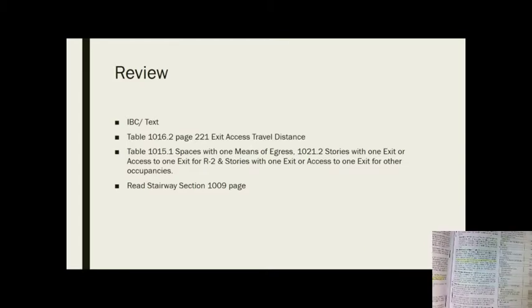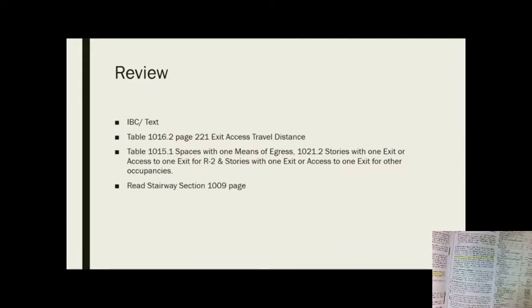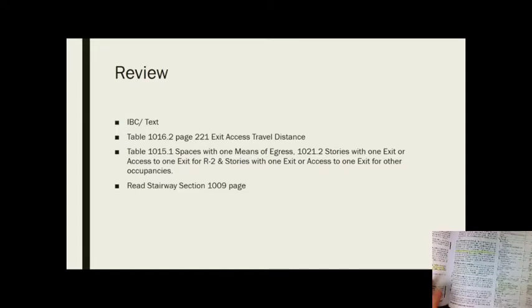It talks about fixed seating. If you have fixed seating, how you count the chairs in there. We really used a lot of these, so you need to go through them. It also talks about fixed seating if you have benches without dividing arms, every 18 inches. And we learned that, of course, from the pews in the scenarios we did of the church.